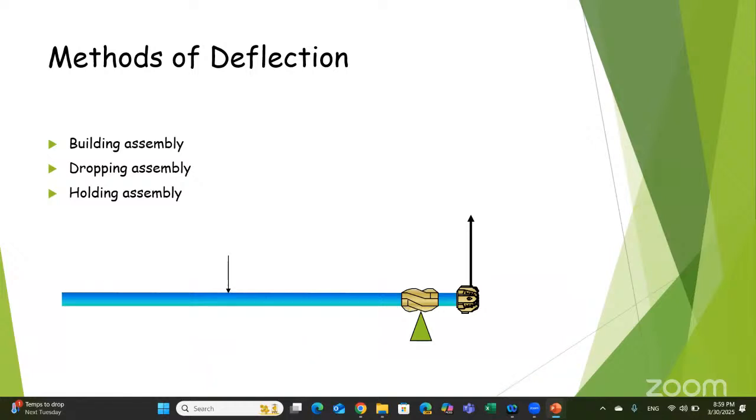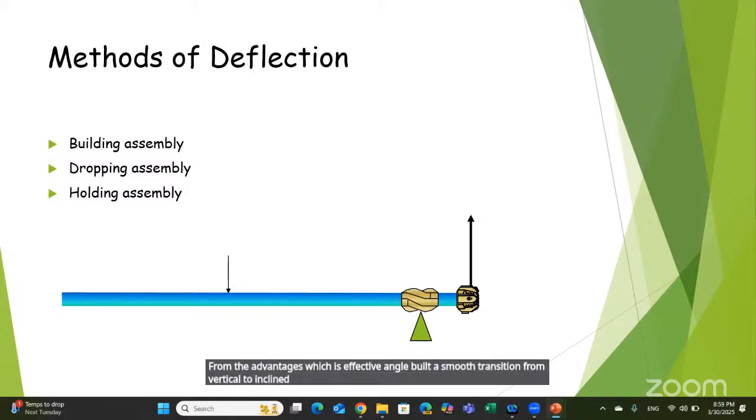The advantages are effective angle build up and a smooth transition from vertical to inclined. The disadvantages are the risk of excessive dogleg severity, which can lead to drilling problems, and it is not suitable for vertical or straight sections.